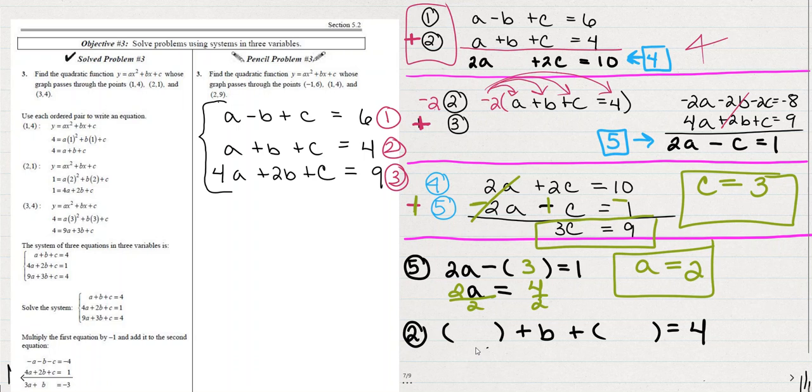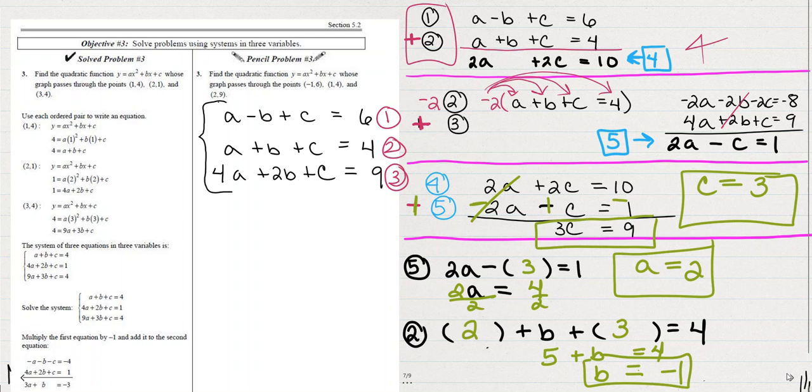So I could go to equation 2, a plus b plus c equals 4. In place of a, I'll put a 2, and in place of c, I put a 3. So it looks like we have 5 plus b equals 4. Subtracting 5 from both sides, 4 minus 5 is negative 1. So b equals negative 1.